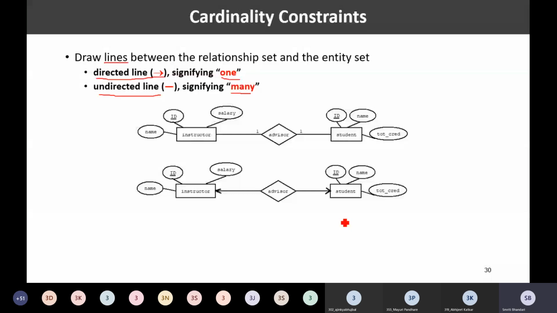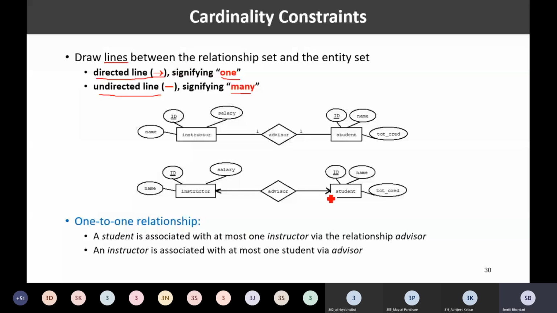So how do we denote that? Let us look at this particular example. Whatever we are seeing here in this slide is a one-to-one relationship. So what do we mean by this one-to-one relationship?